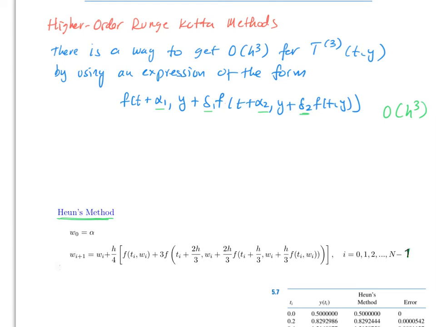So again, Heun's method is the most popular or most common method of order h^3. And this was actually invented in 1900, so 120 years ago.